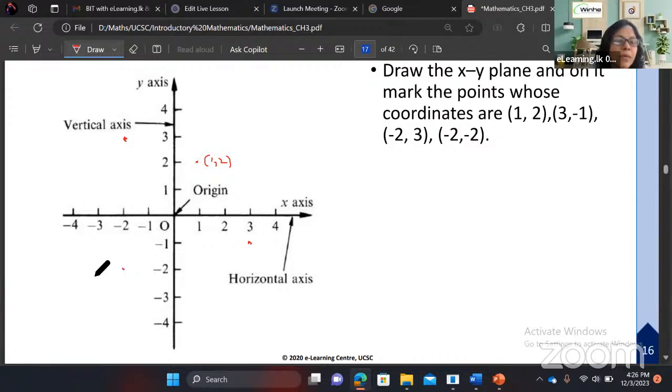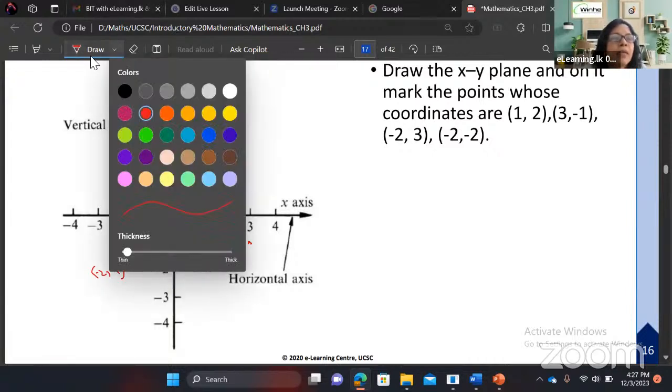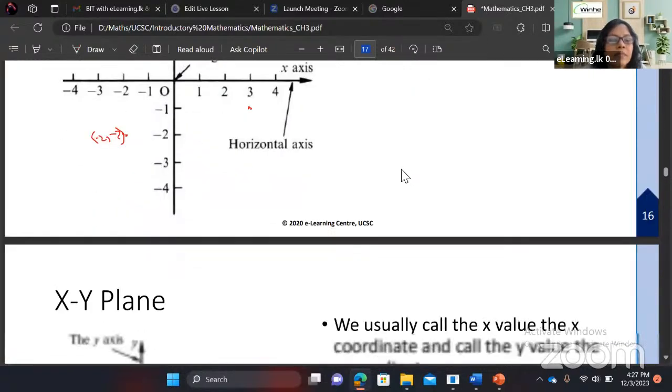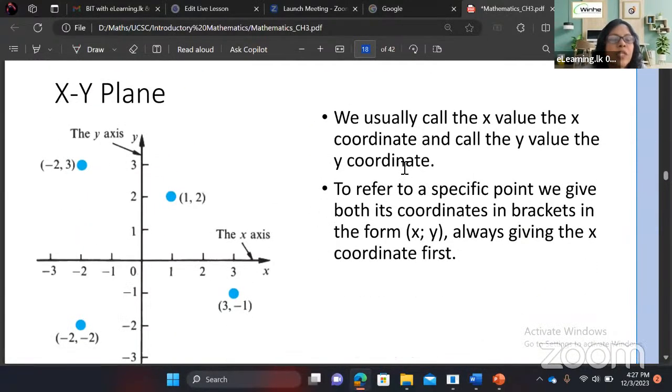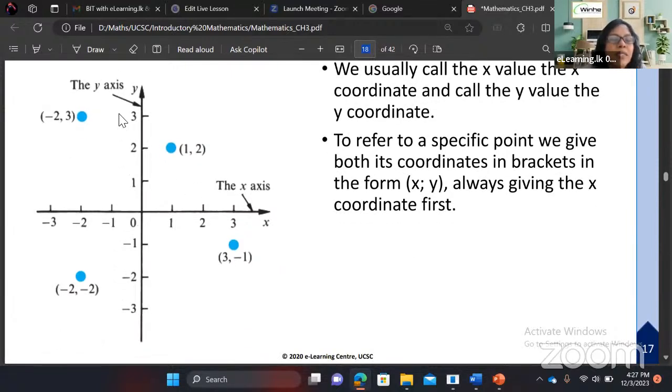It should be somewhere here, right? That's how we represent each point in our xy plane. Here you can see those points were marked in the xy plane with what? With a small circle, right?